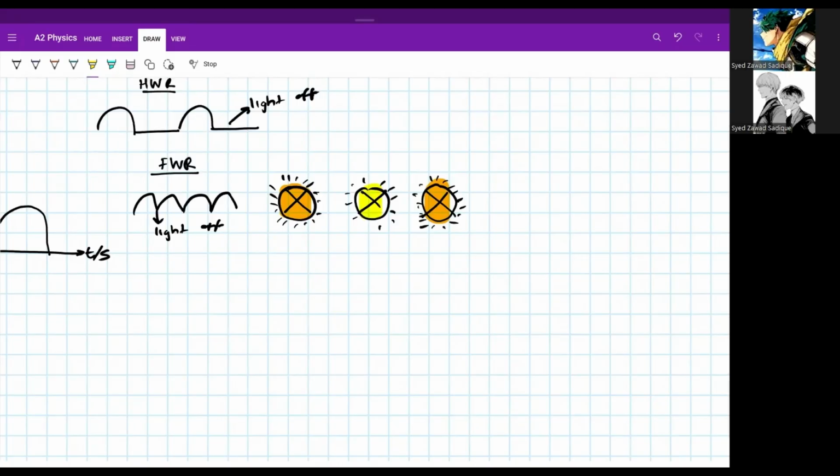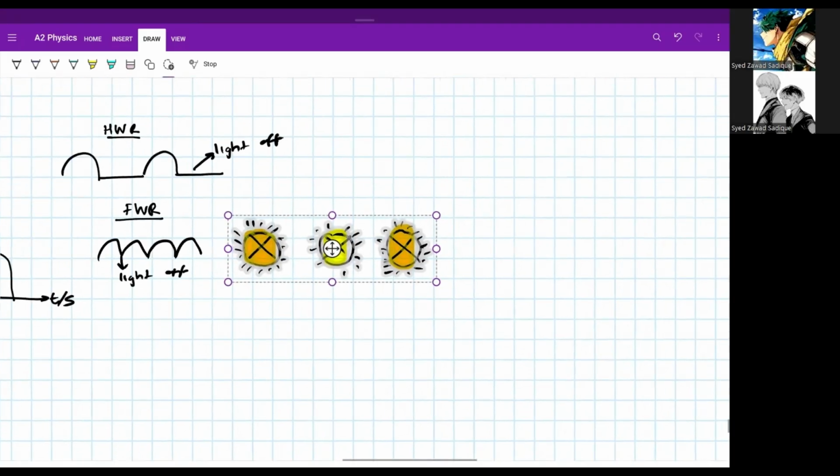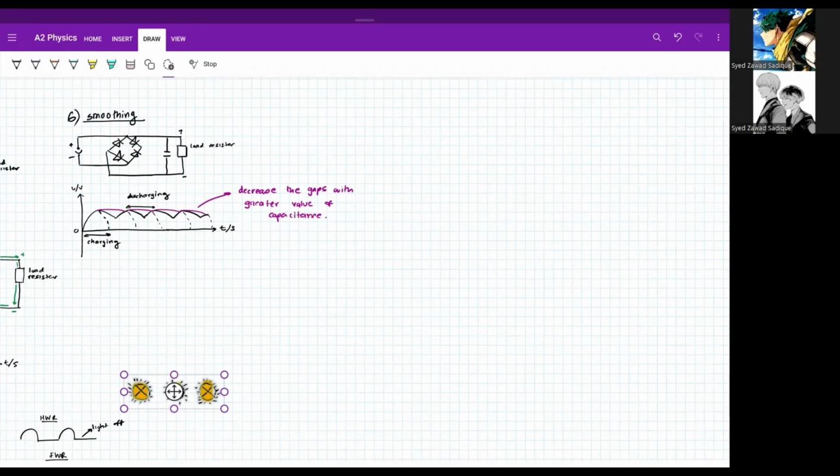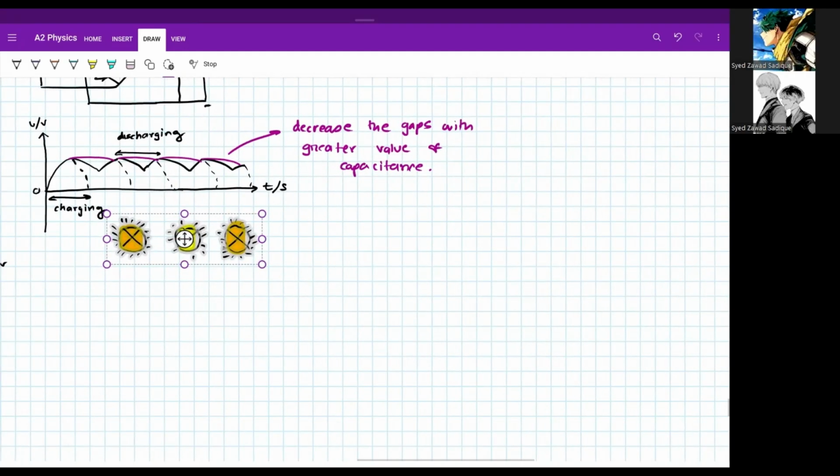Actually, yeah, this concept goes here. So at these sections, the light looks like this, and in these sections, the light was like this.